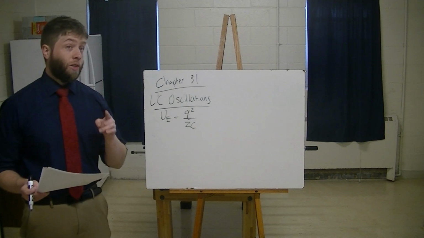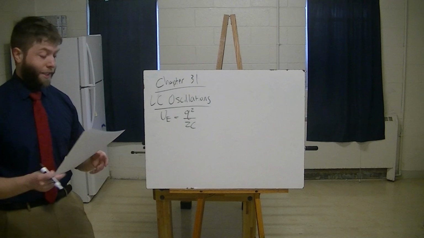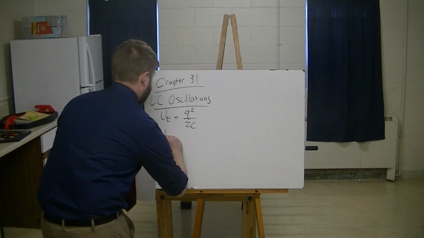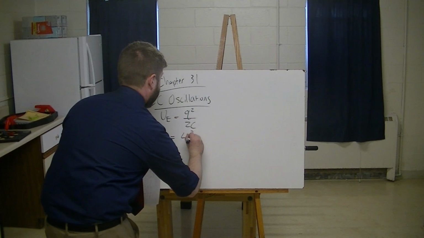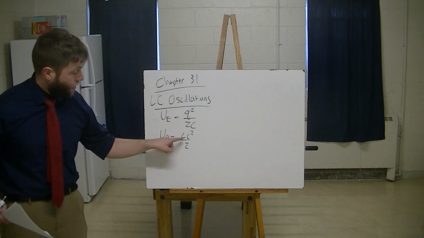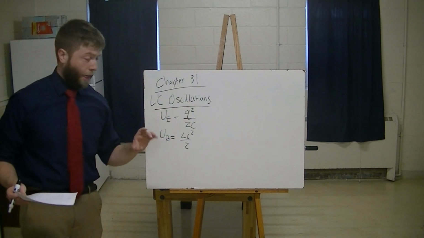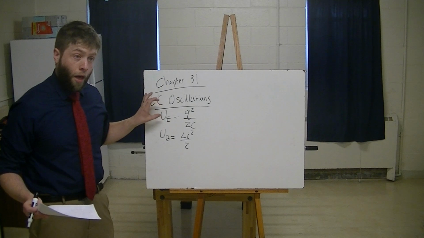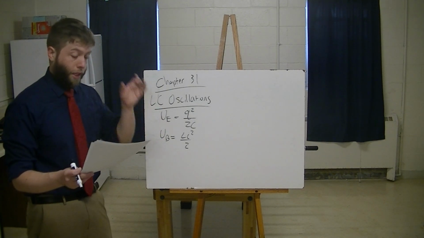The energy stored inside of the inductor is the potential energy of the magnetic field. So UB is equal to Li squared divided by 2, the inductance multiplied by the current squared divided by 2. So once again, energy inside of the capacitor, energy inside of the inductor.